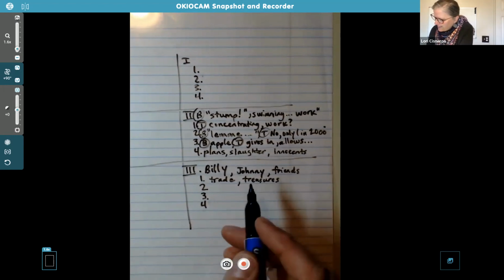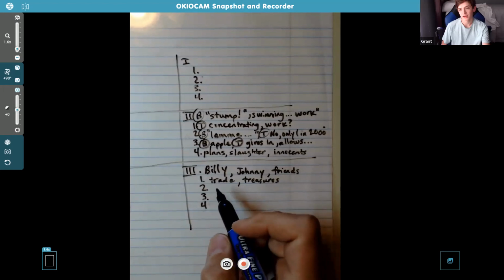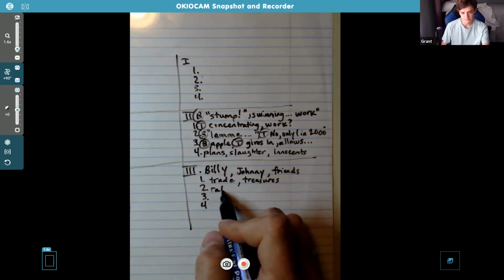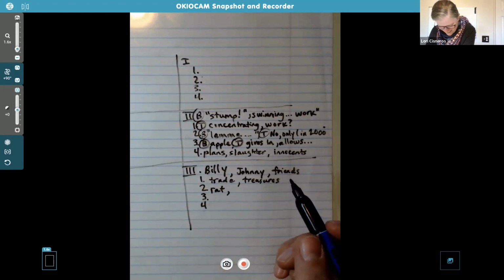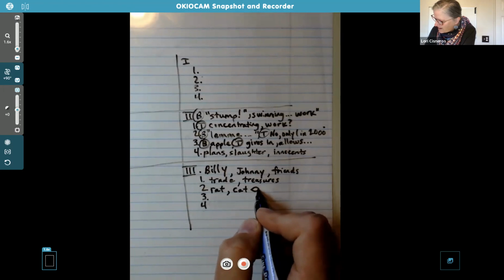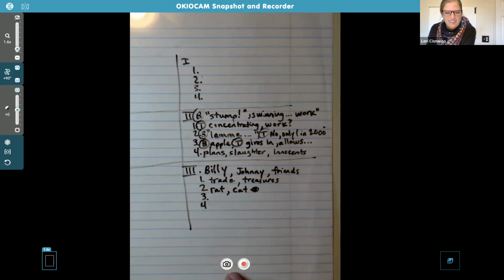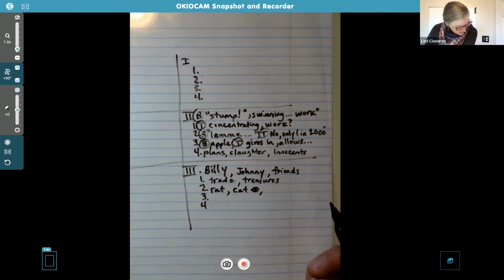And then what are some of the things that they trade? I remember a dead rat on a string. A dead rat on a string. What were you going to say, Grant? One-eyed cat. So I'm just going to put cat, and then I'm just going to draw one eye there. What else are they trading? This is on page 51.